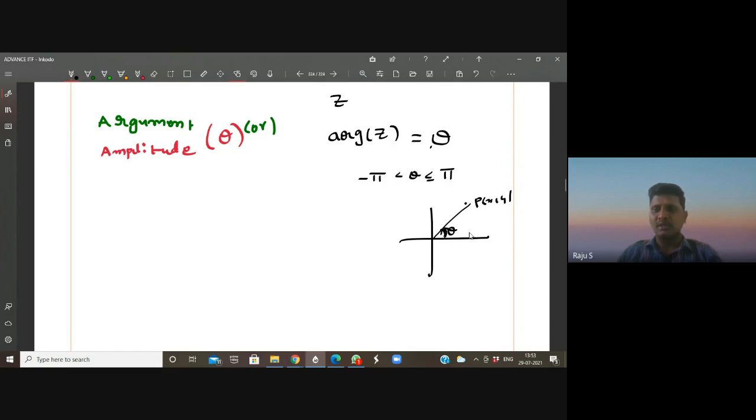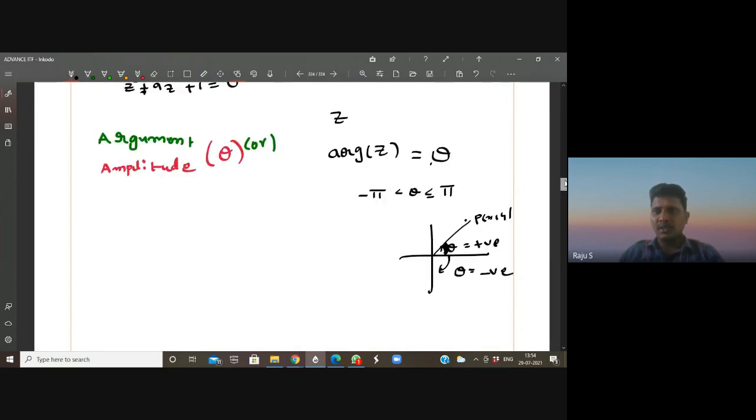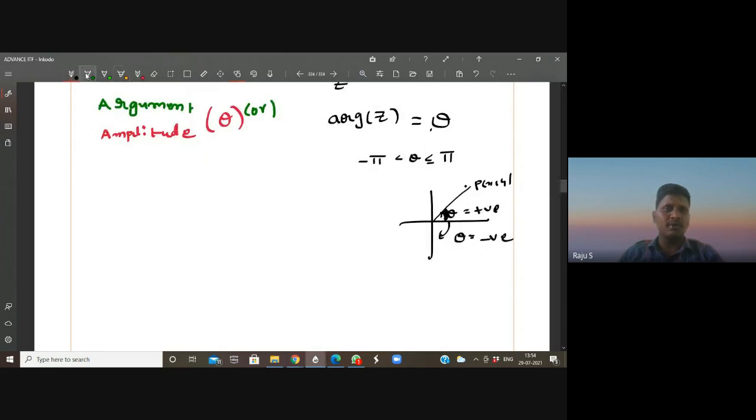This theta is called the principal argument. It might be in the clockwise direction or the anti-clockwise direction. If you take the anti-clockwise direction, theta is positive. If we take the clockwise direction, theta will be a negative value. Clear, students? Right. Principal argument means theta value lies between minus 180 and plus 180. Here there is another argument, the general argument.